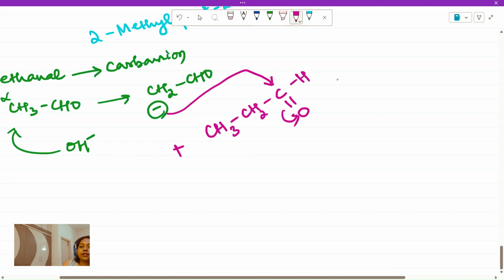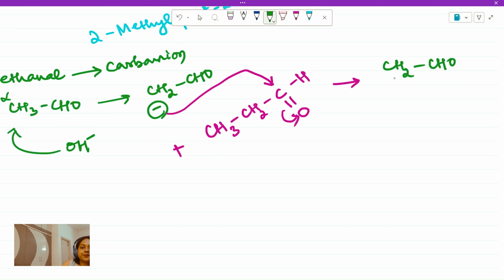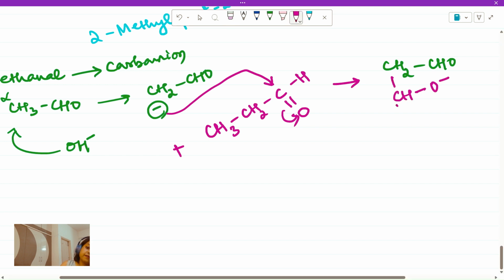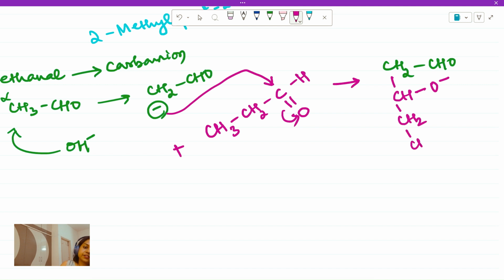The molecule you get has CH and O minus, and to this we have CH2, CH3.